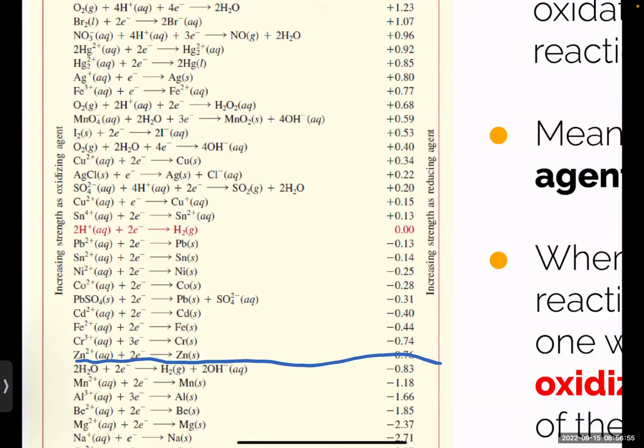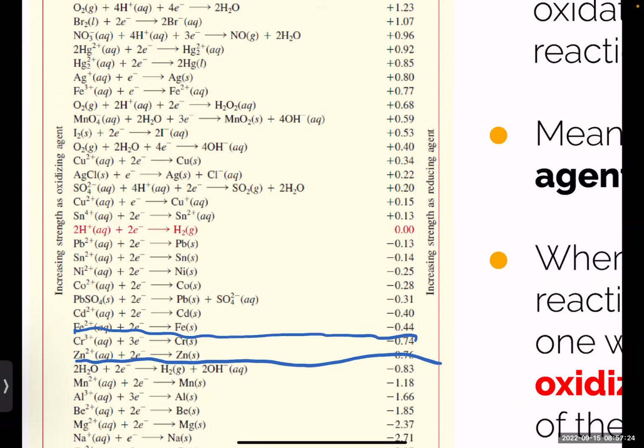Okay, so that's the E° of the zinc half cell. So what's the E° of the iron half cell? Look about 2 lines above zinc, right? So if you compare these two half cells, the iron and the zinc half cells, which one will be a better reducing agent?